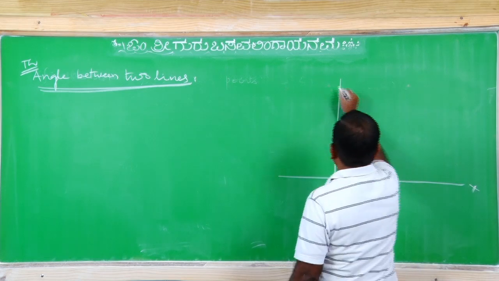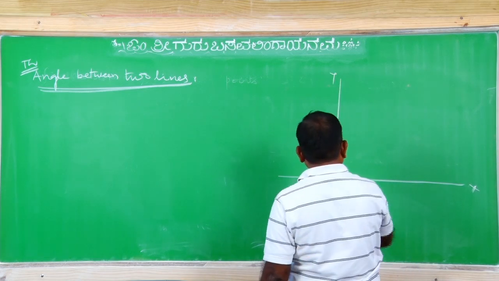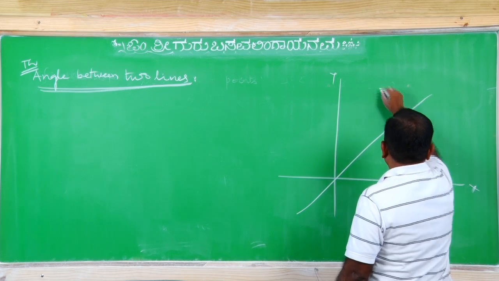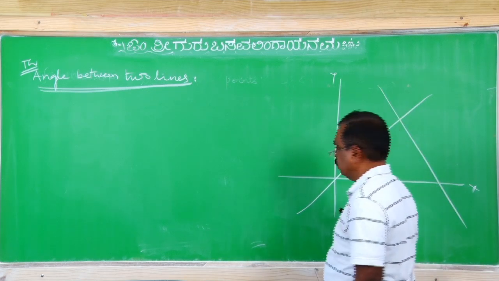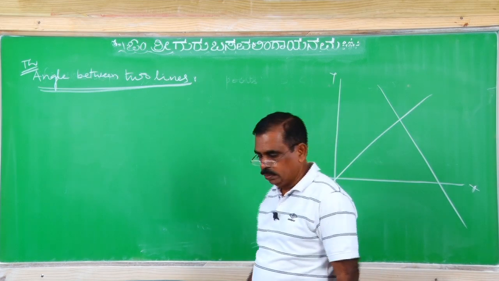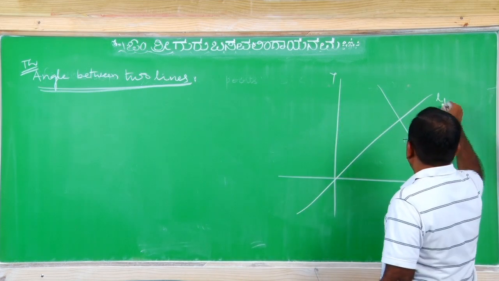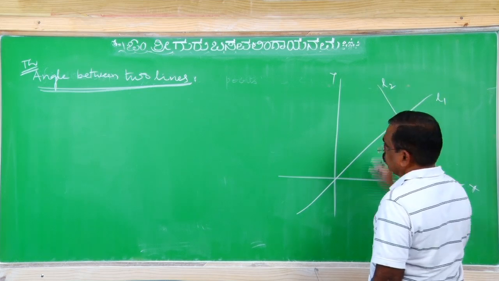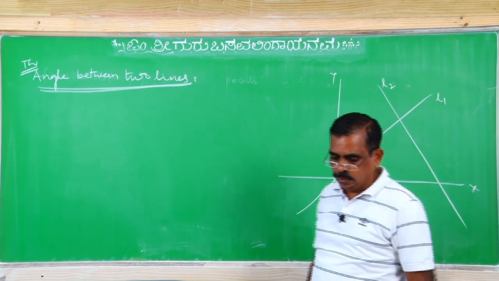This is x-axis, y-axis. Here, this is one line. This is other line. Write down. L1, L2, line 1, line 2.